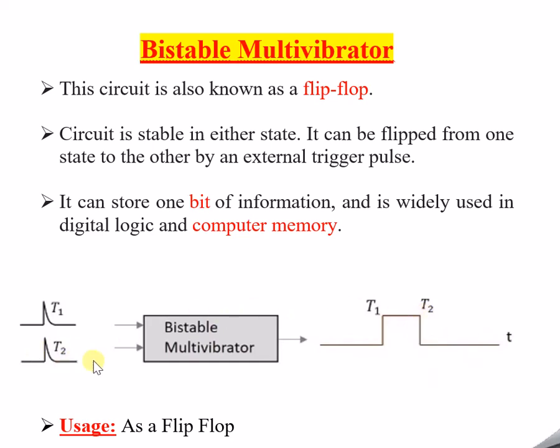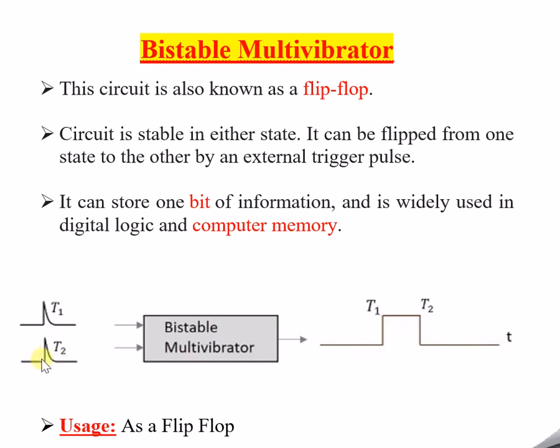If we forget this T2 trigger pulse, then this bistable multivibrator will behave similar to a monostable multivibrator. So it is T1 only. If it is applied, then the output behaves similar to a monostable multivibrator, which has only one stable state.